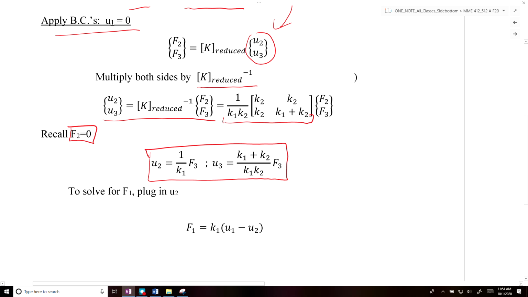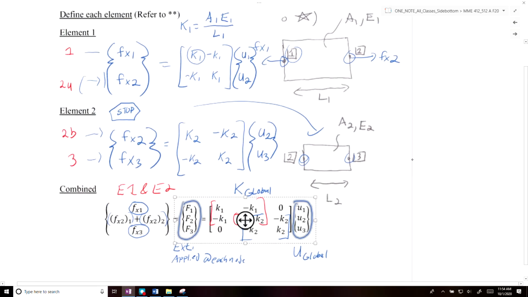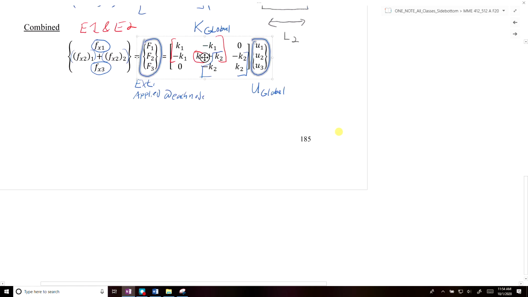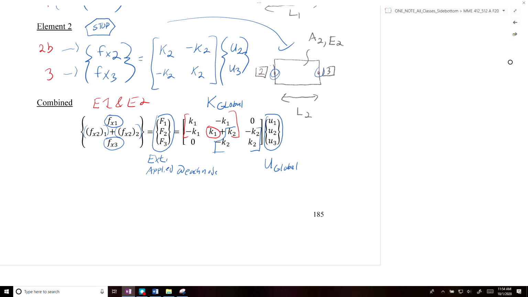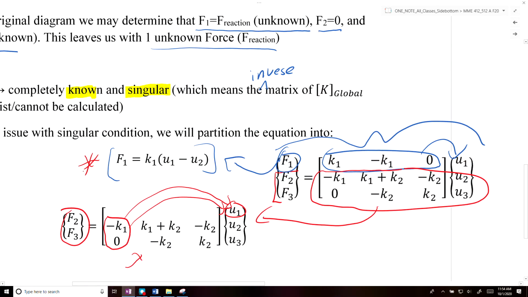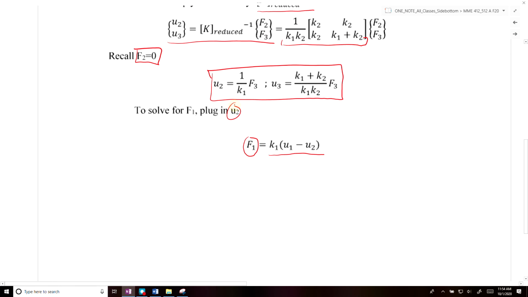To solve for our unknown force at our boundary, F1, we can use the equation we had on the last page that we separated out. We can plug U2 into this equation.